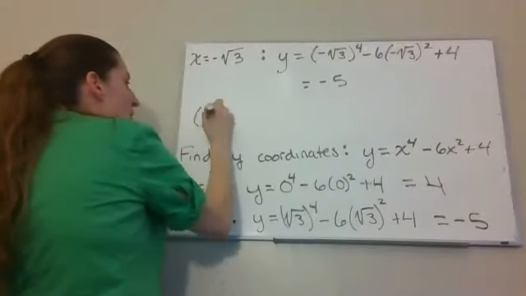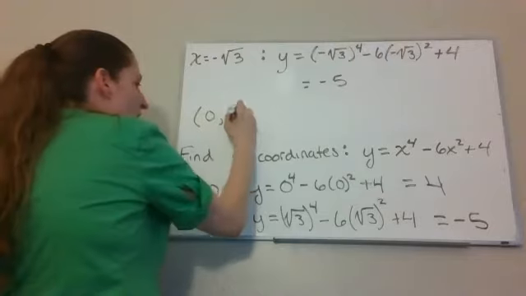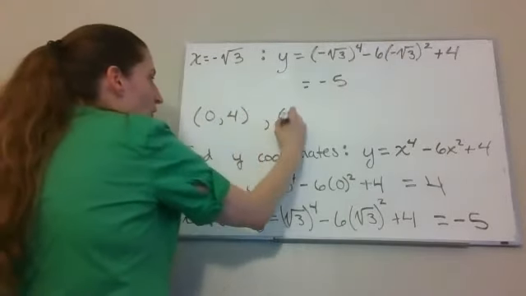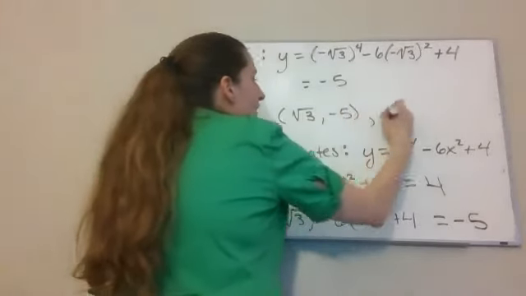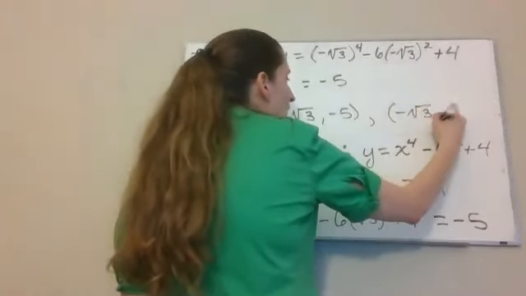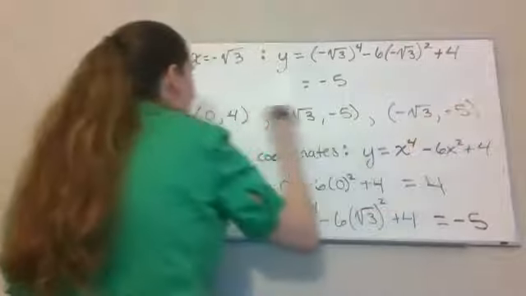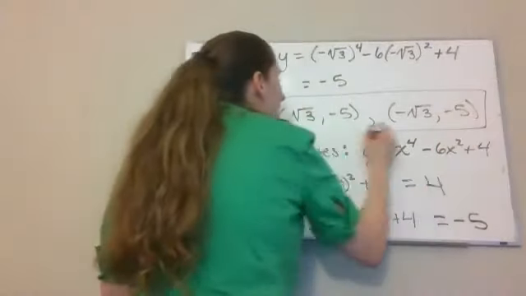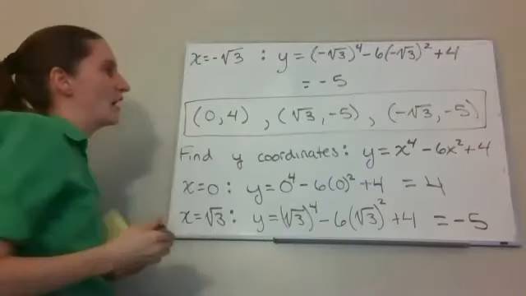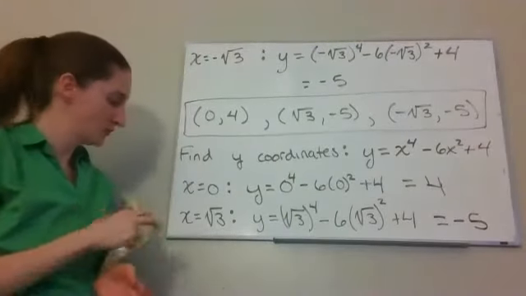So the 3 points where my tangent line is horizontal are (0, 4), (square root 3, negative 5), and (negative square root 3, negative 5). And those are where my tangent line is horizontal.